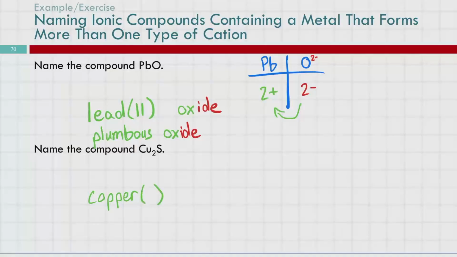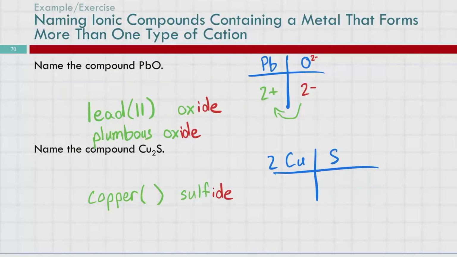Probably not immediately. And then the sulfur, the S, we take the sulf base and we change the ending to ide. Now we need to do a little bit of math, figure out what the charge is on our copper. We've got 2 Cus. We've got 1 sulfur.